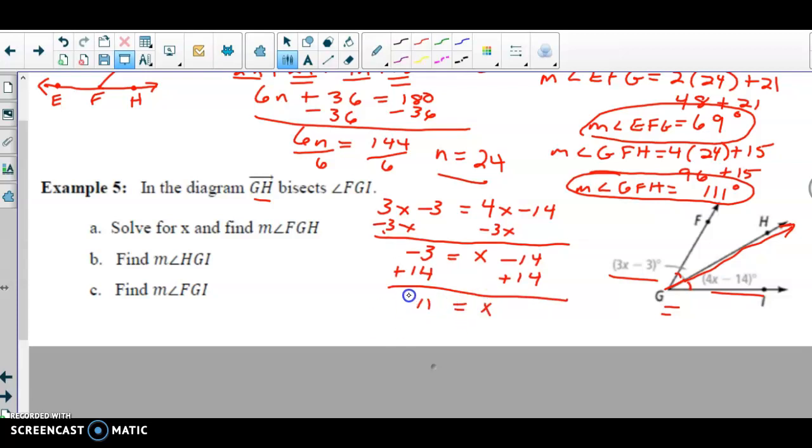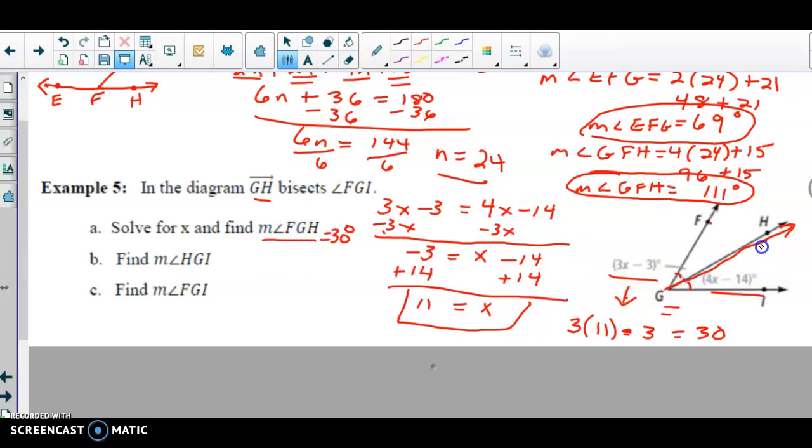Okay, so we found x. Now we also have to find FGH. So FGH would be, I'm just going to do it right here, 3 times 11 minus 3. And that is 33 minus 3 would be 30 degrees. So FGH is 30 degrees.